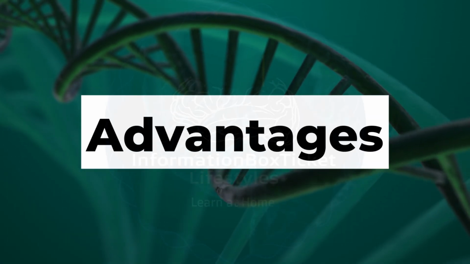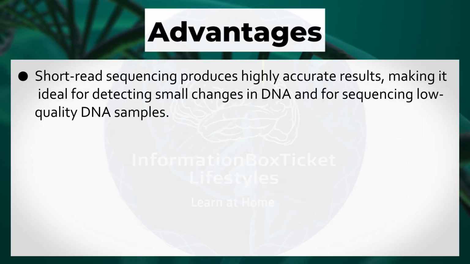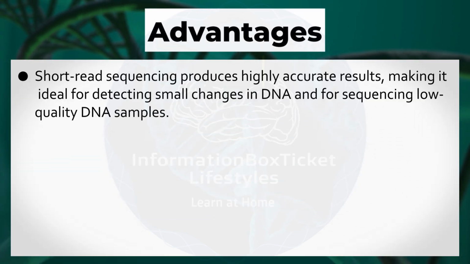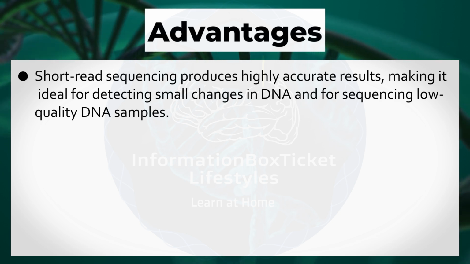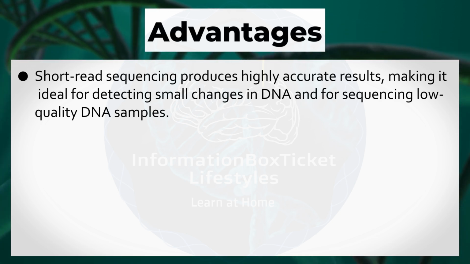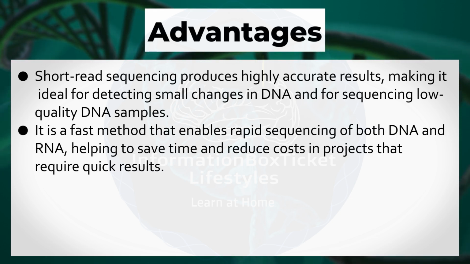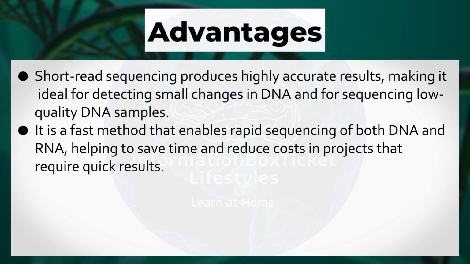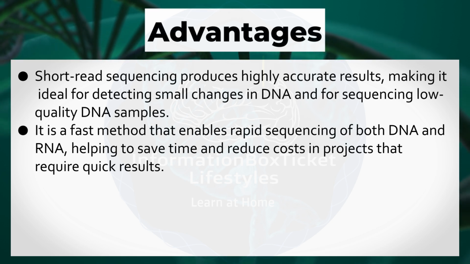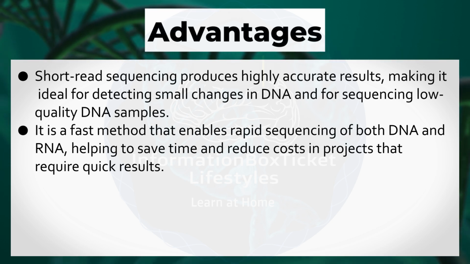Advantages of short-read sequencing. Short-read sequencing produces highly accurate results, making it ideal for detecting small changes in DNA and for sequencing low-quality DNA samples. It is a fast method that enables rapid sequencing of both DNA and RNA, helping to save time and reduce costs in projects that require quick results.